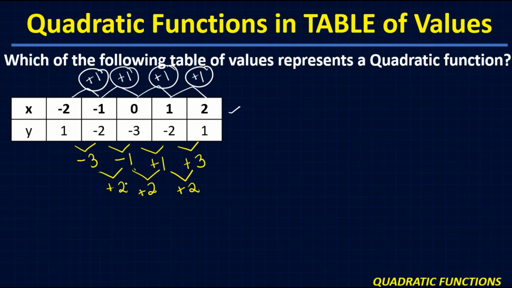So, from the second differences of y, meron na tayong pare-parehas na difference. So, in quadratic functions, kapag nagpare-parehas na doon sa pangalawang set ng differences ng y, we would say that this table of values represents a quadratic function. Therefore, this table of values represents a quadratic function.